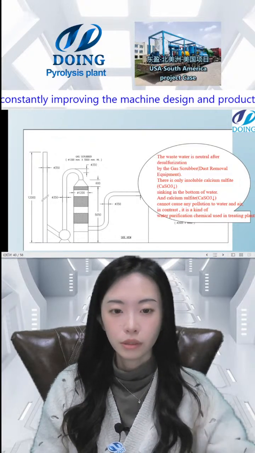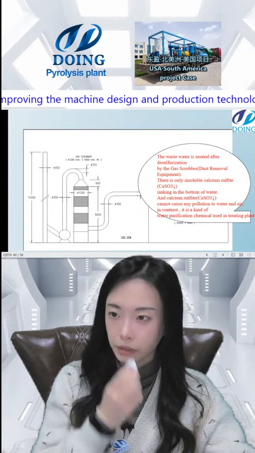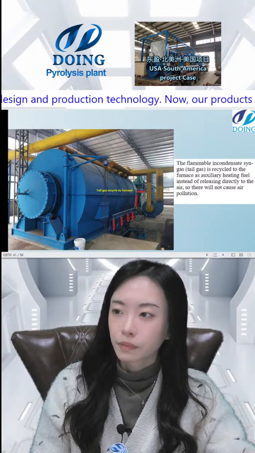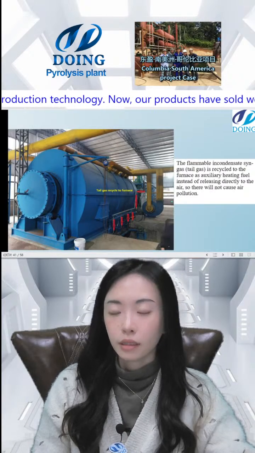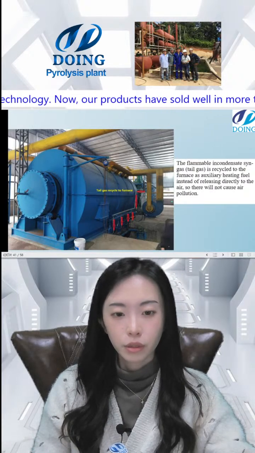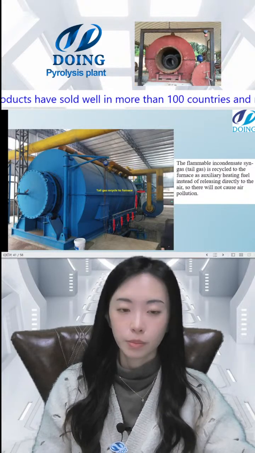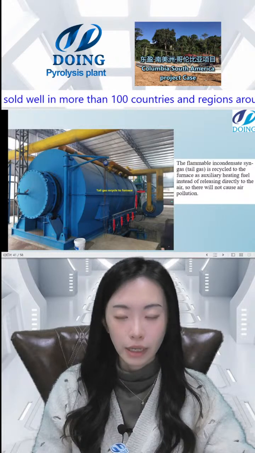And this is also some principles about this. The gas and the tail gas, we will use the odor removal system to purify it first, and then it will burn in the reactor by using this tail gas burner.